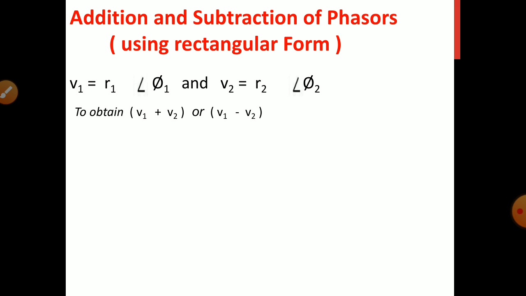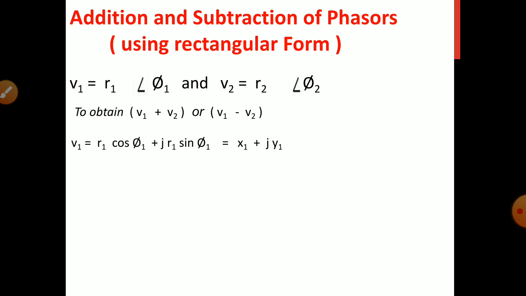Now for addition we need not add them in polar, we will add them in rectangular. Now we know how to convert from polar to rectangular. So find out the values of v1 and v2 in rectangular format. Yes, r1 cos phi 1 plus j r1 sin phi 1.